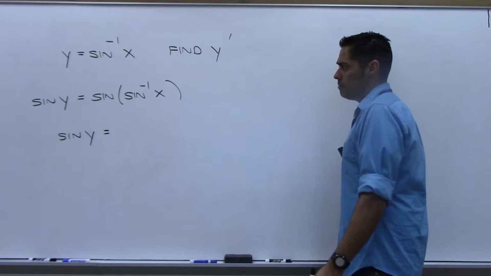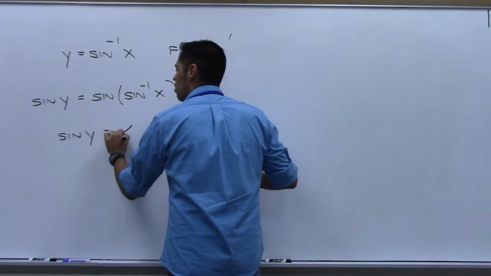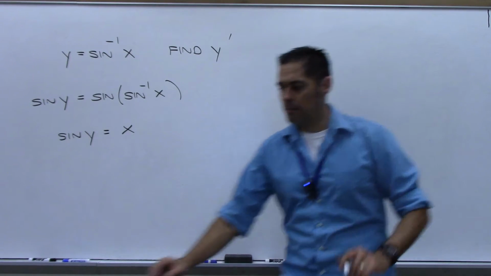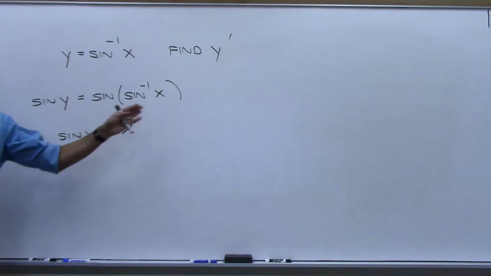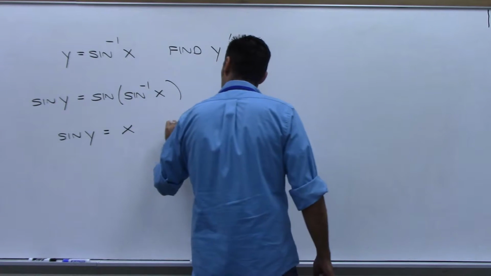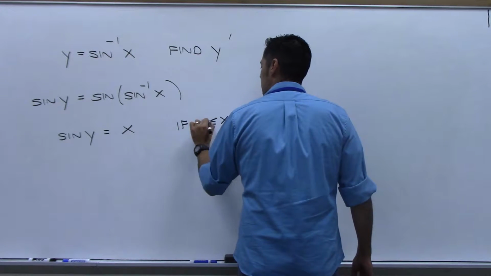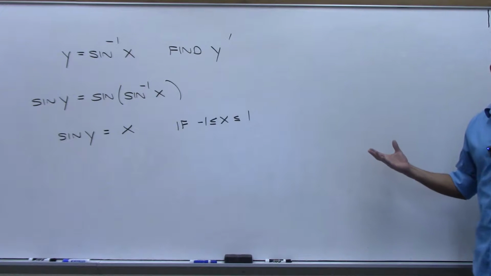Sine of x? Or x. Yeah. Sine of arc sine of x, which should be x, as long as what? Well, go back up. What was the restriction we had for this one? As long as the x was between -1 and 1, right? So this is true if x is between -1 and 1. Right? So we're all still good with that?